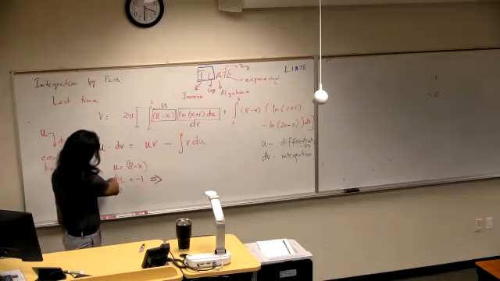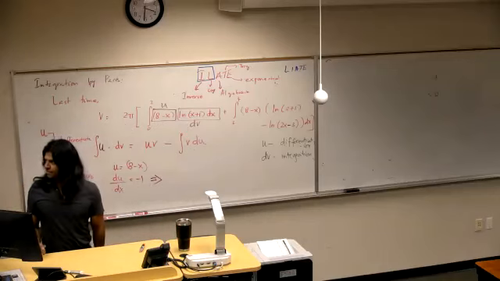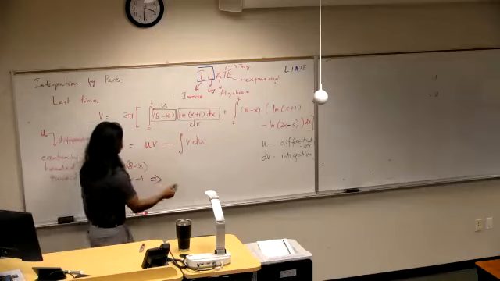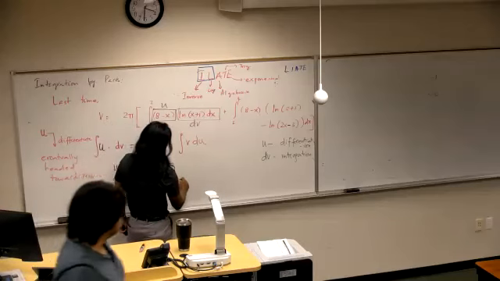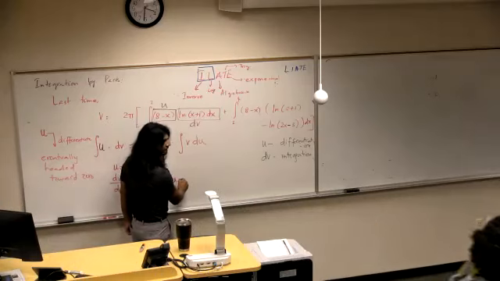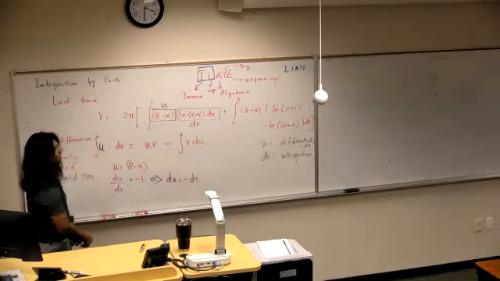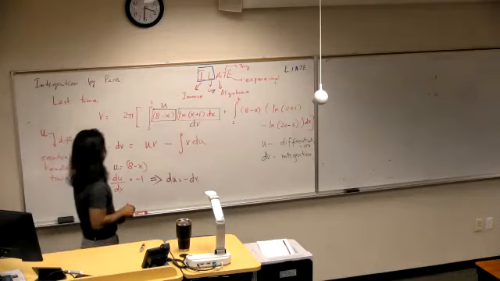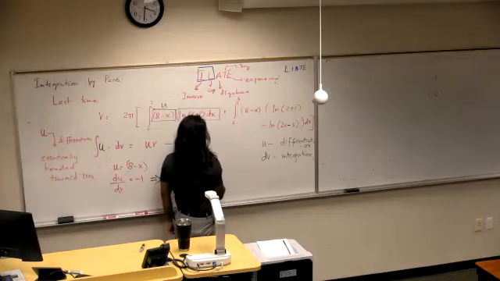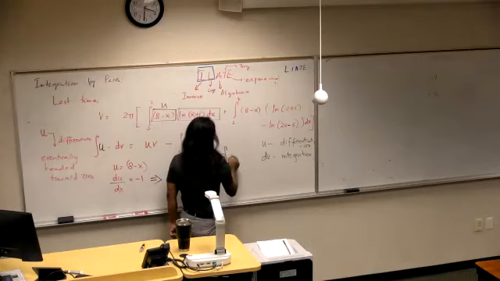Rewrite, if du over dx is -1, what is du? Negative dx. Okay, good. The other part is dv. Naturally, you've got to integrate.